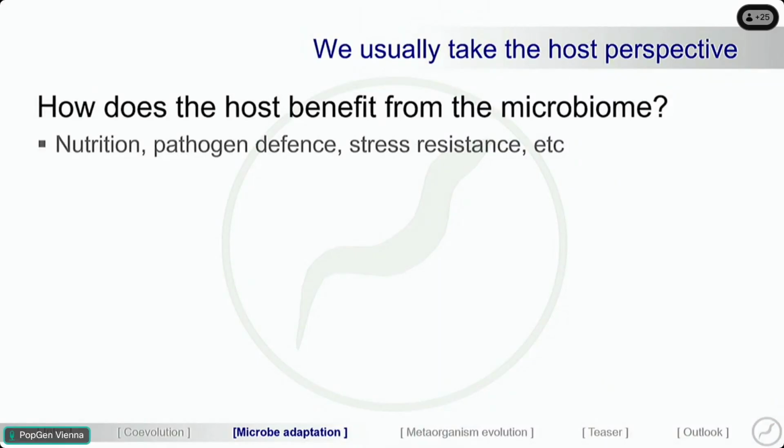And as some of you may know, research on host microbiome interaction really has exploded only over the last 2 decades. Before, there was hardly any work in that direction, and it exploded because of advances in sequencing technology and the realization that the microbiome is so diverse and so abundant, and subsequent data that then revealed that the microbiome is influencing almost any trait of the host, and is therefore really, really important.